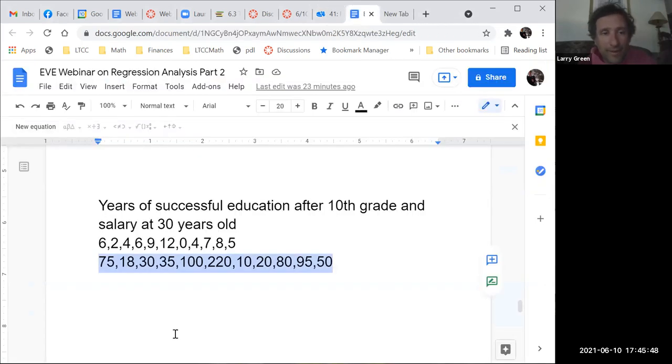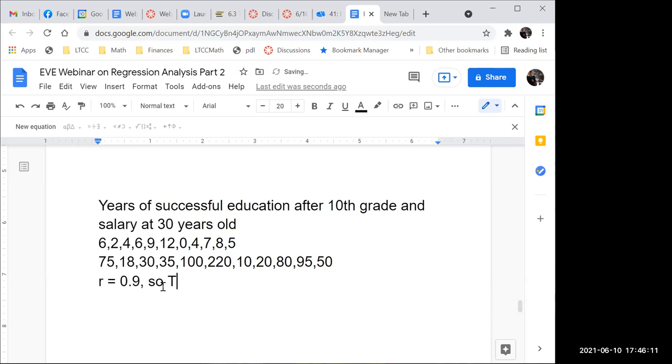So if R is 0.9, what can we say about the correlation? A strong positive correlation.